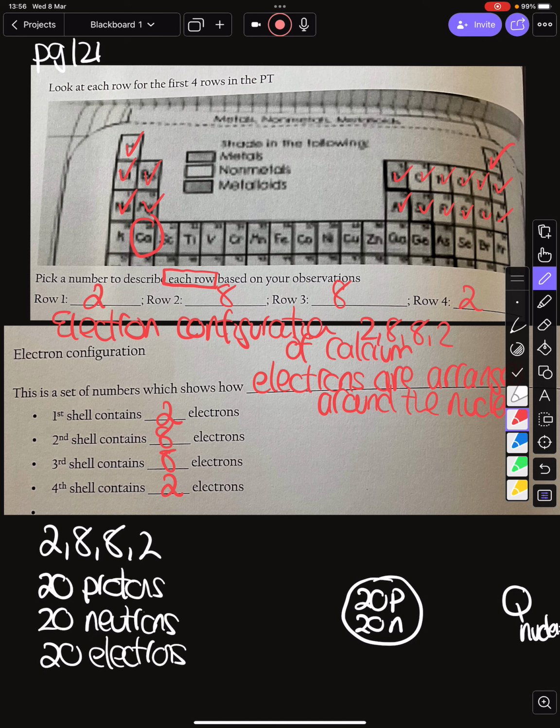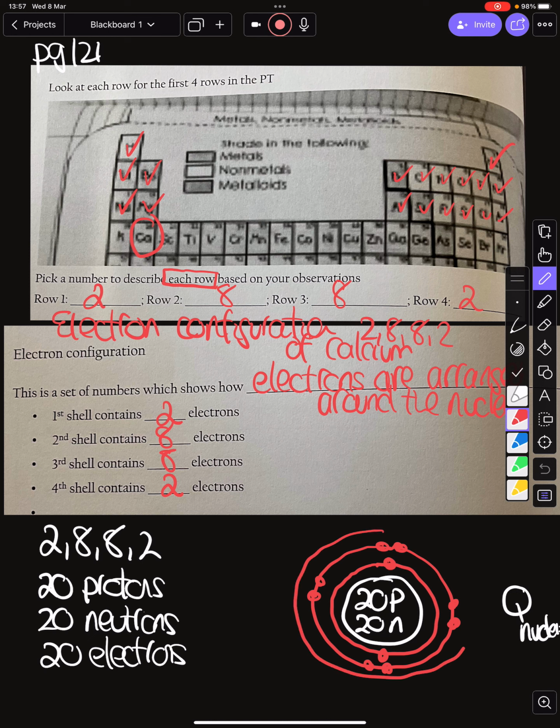We're now going to have to draw the shells for calcium. Our first shell is going to have 2 electrons in it from our 2, 8, 8, 2. Our second shell is going to have 8 electrons, our third shell is going to have 8, and our final shell is going to have 2.